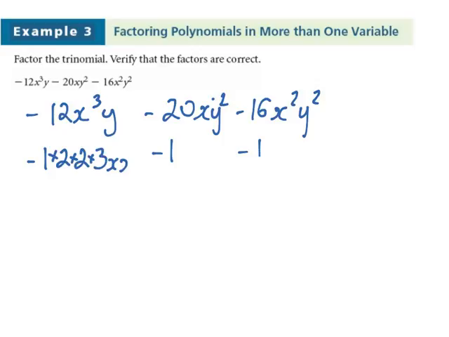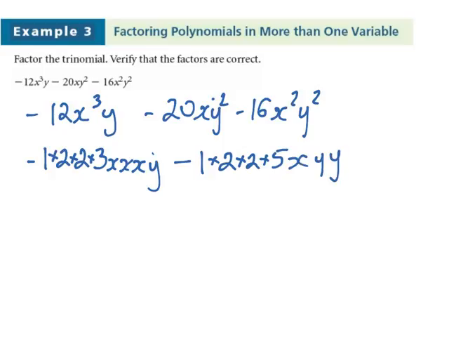I'm just going to show you the 1 as a factor of 20, negative 1 as a factor of negative 20. If you prime factorize it, you get 2 times 2 times 5. There's 1 x and there's 2 y's. And again, 16 is 2 times 2 times 2 times 2. And there are 2 x's and 2 y's.